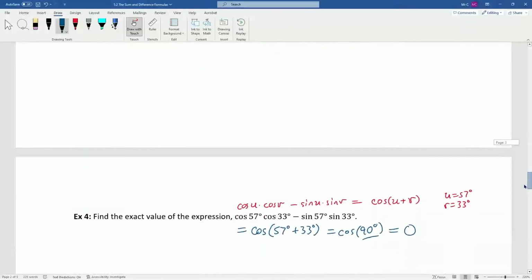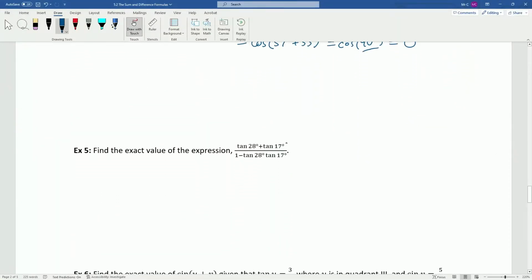So when we look at this one, that's what we have, tangent of u plus tangent of v over 1 minus tangent of u times tangent of v, and this is tangent of u plus v. And in this case, what is u? u is 28 degrees, and v is 17 degrees.